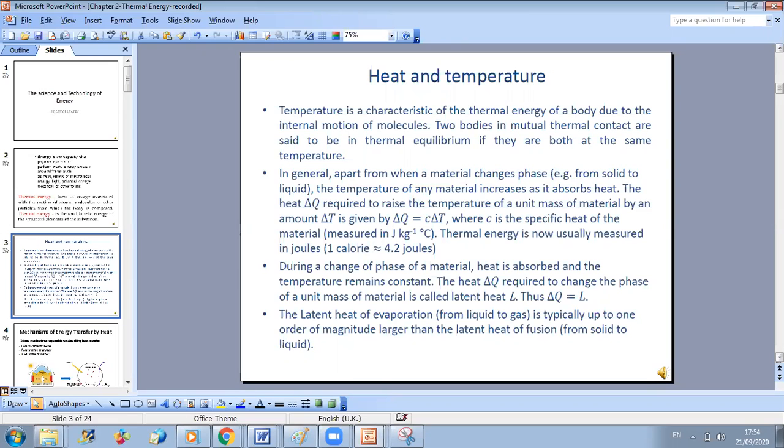How can we understand this? We can say that when we supply heat, if the temperature increases, this means that we are giving the energy in which form? In which form do you think we deliver energy when temperature increases?